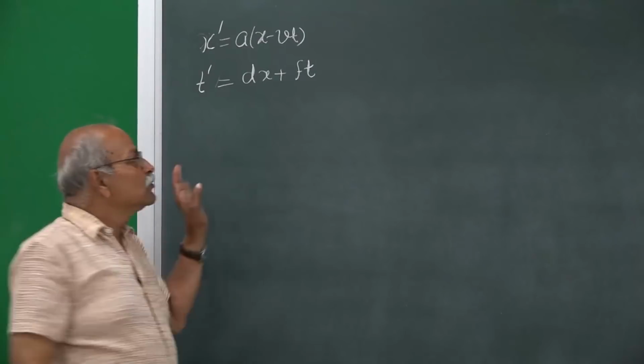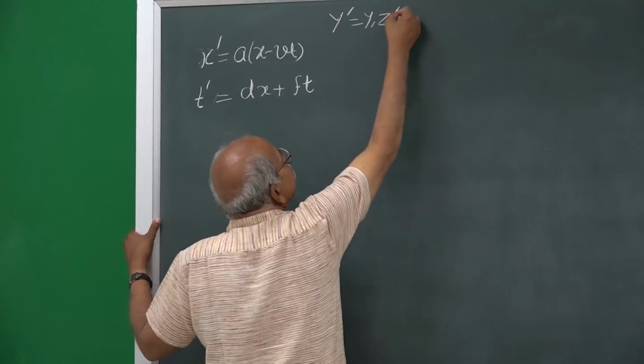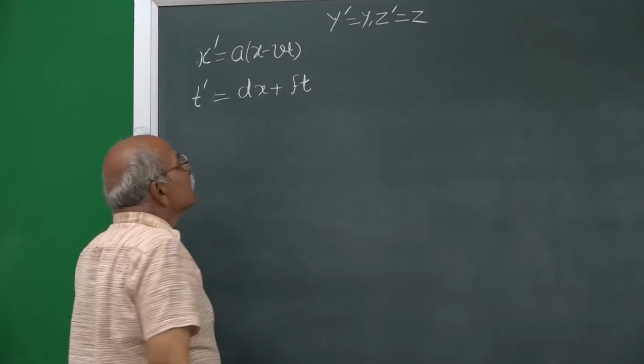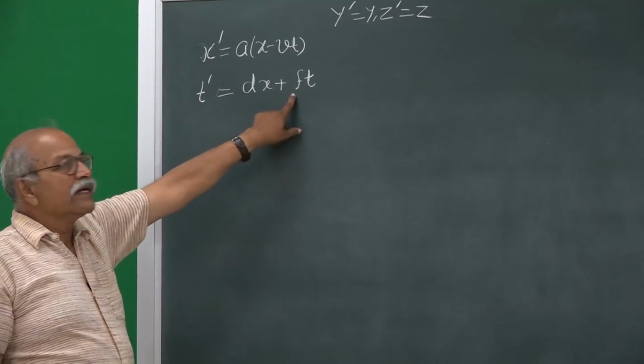So, we have now three unknowns, and of course, we had taken y prime is equal to y and z prime is equal to z. So, we have three constants a, d and f.